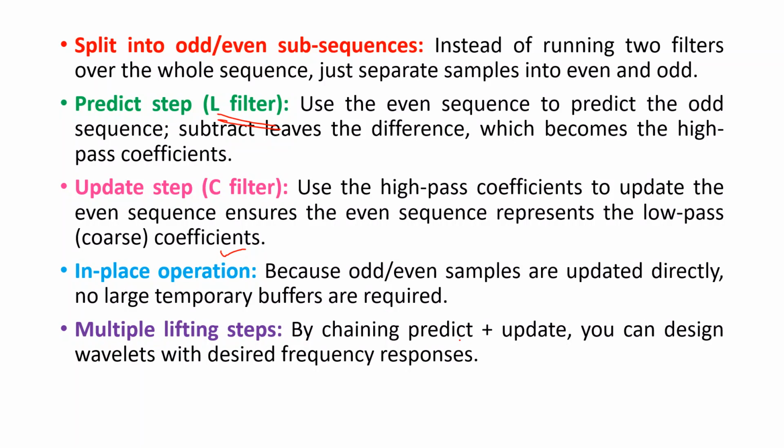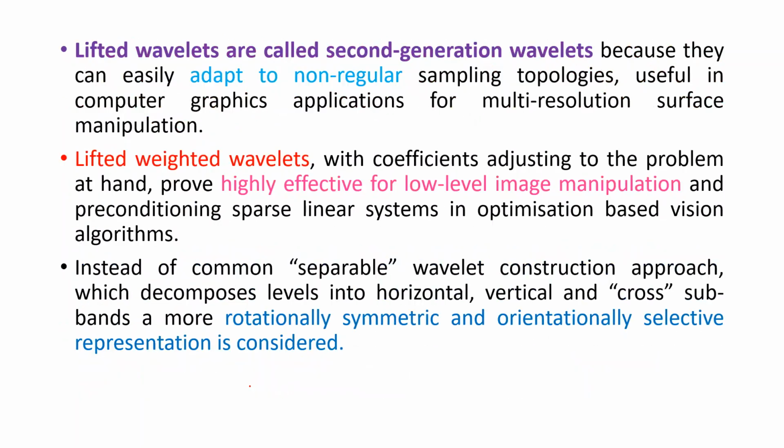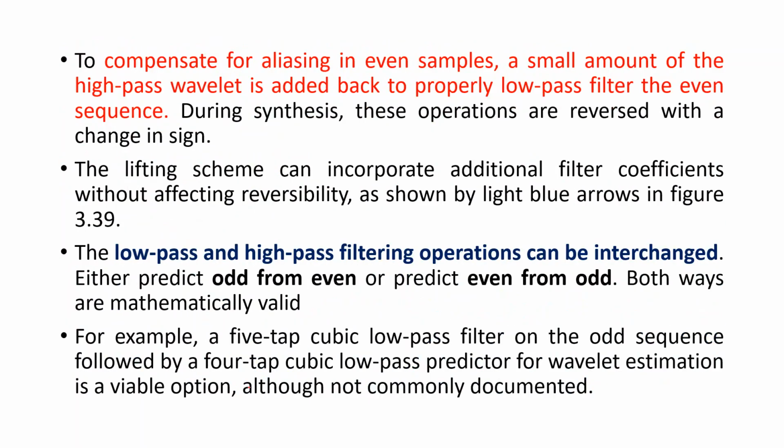Multiple lifting means that by chaining predict and update, you can design the wavelet with desired frequency response. When you downsample to the even samples, there will be aliasing in the even sample. So to compensate for aliasing, a small amount of high pass wavelet is added back to properly low pass filter the even sequence.